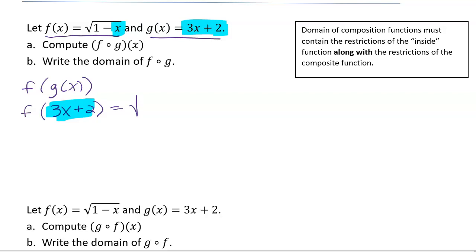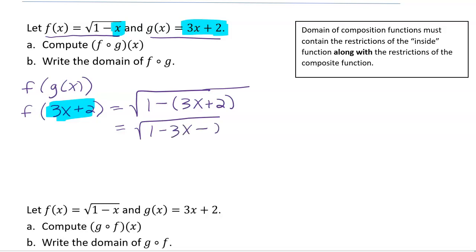So I'm going to have square root of 1 minus, taking out this x up here and replacing it with the 3x plus 2. Make sure you use parentheses there. And then we simplify this expression. In this case, the subtraction will distribute through, and then we can simplify that to negative 3x minus 1.